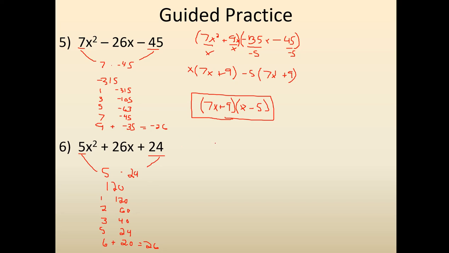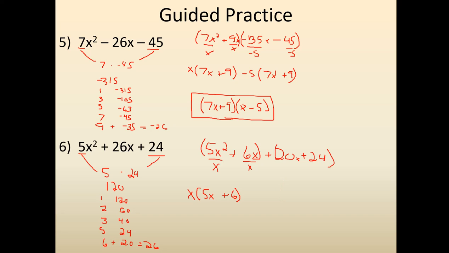So I'm going to rewrite my equation, 5x squared plus 6x plus 20x plus 24. Group the first two terms, group the last two terms. So over here, I can divide out an x, and I'll be left with a 5x plus 6.